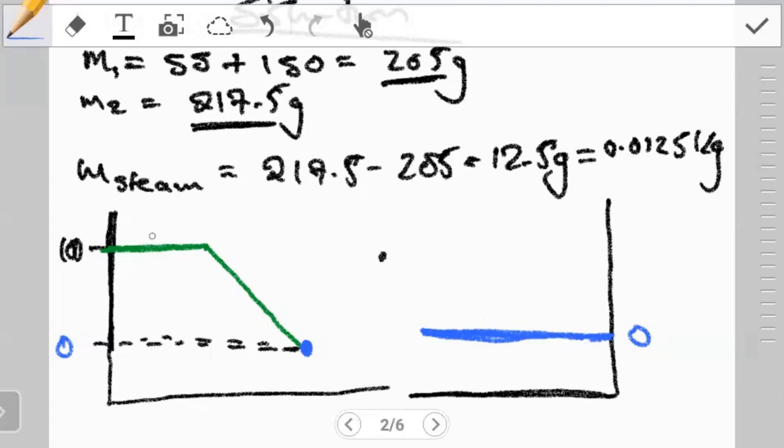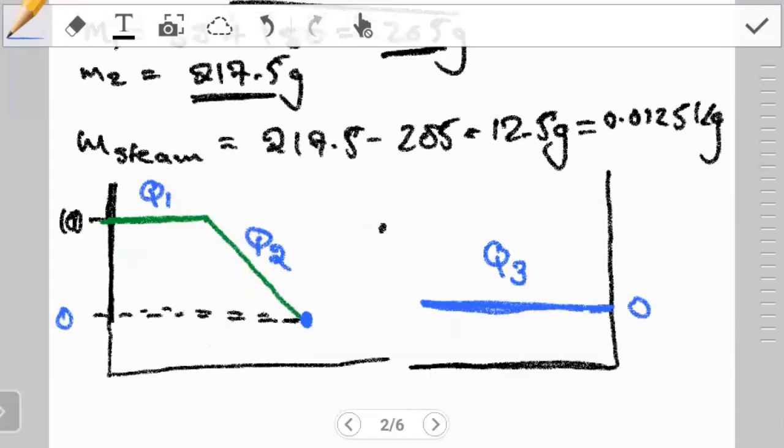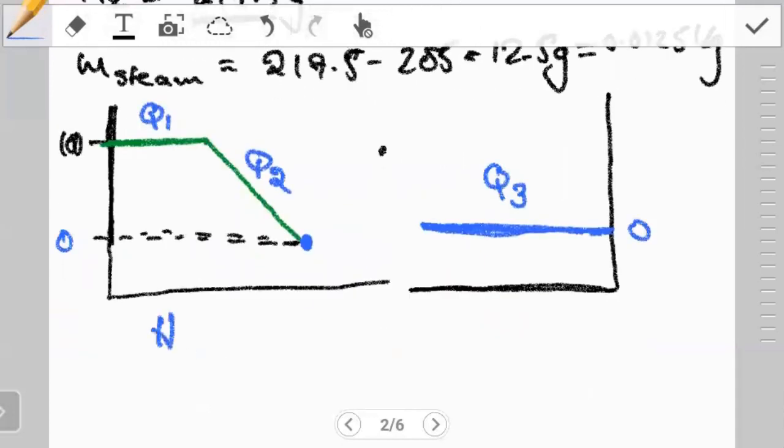In other words, the heat lost during change of state by the steam, plus the heat lost as it reduced to 0 degrees Celsius, will be equal to the heat gained by the ice as it changes state from solid to become liquid. So in other words, it's still a classic thing: heat lost is equal to heat gained.